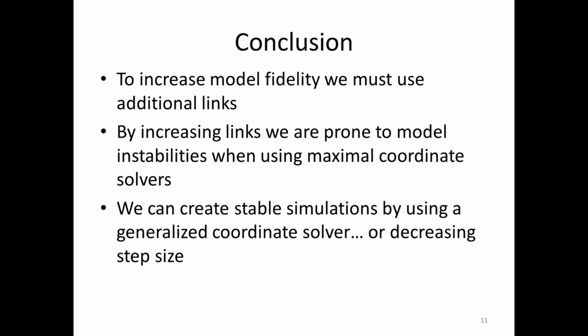Now, in conclusion, to create more accurate and higher fidelity aircraft models, we must use additional links. I have combed through some of the Gazebo pull requests and discussions on how we can create different inertia and geometric parameters for single links.